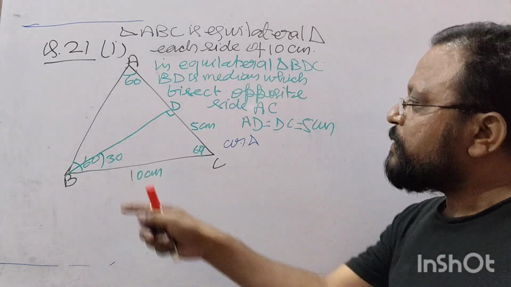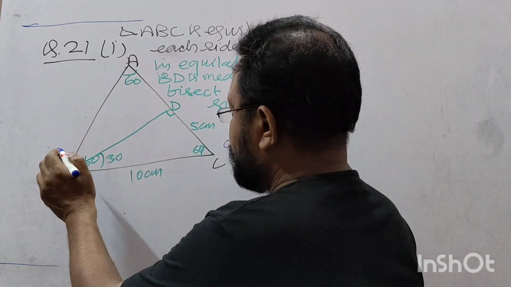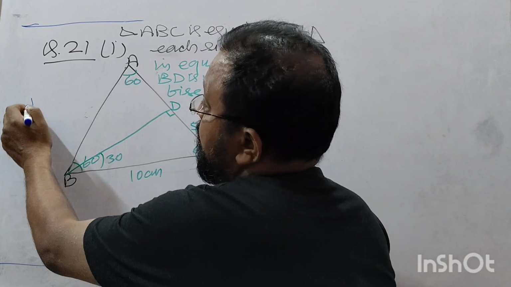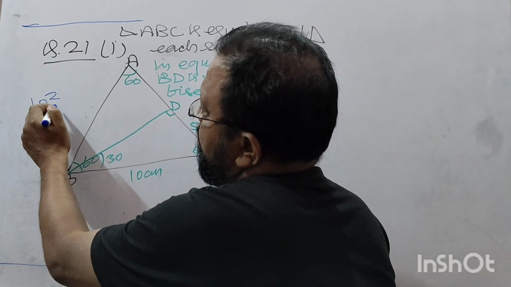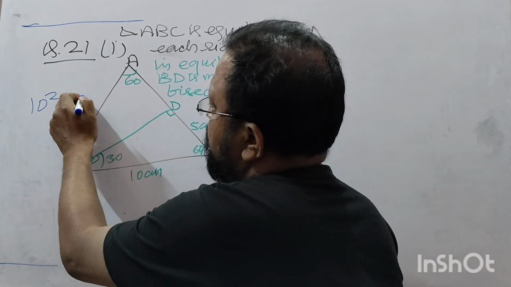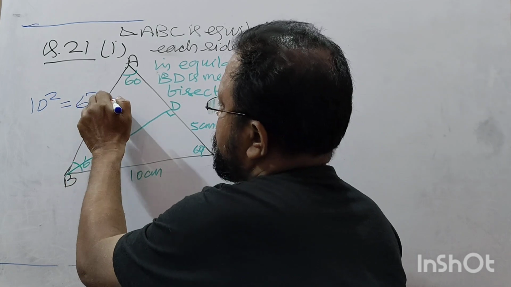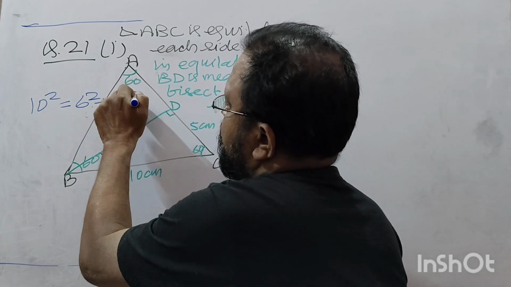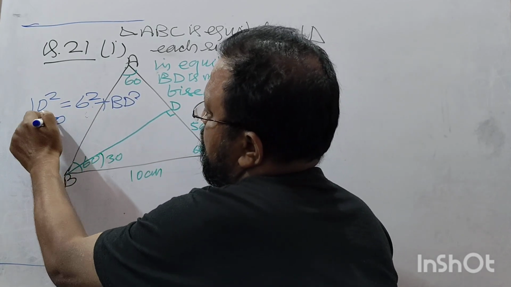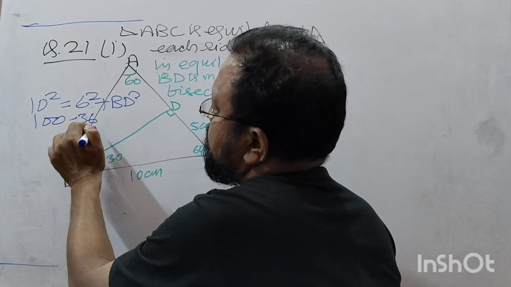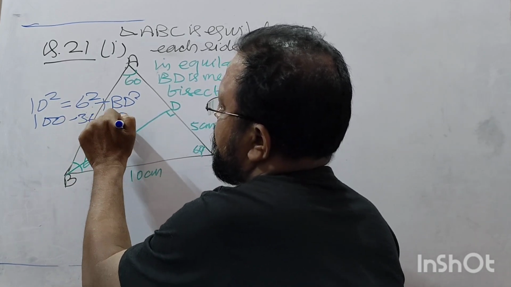If we find it by Pythagoras theorem, 10 square is equal to 6 square plus BD square. So 100 minus 36 is equal to BD square.